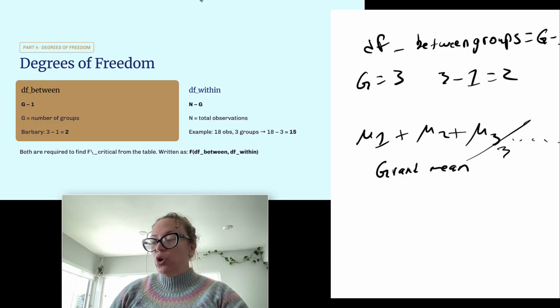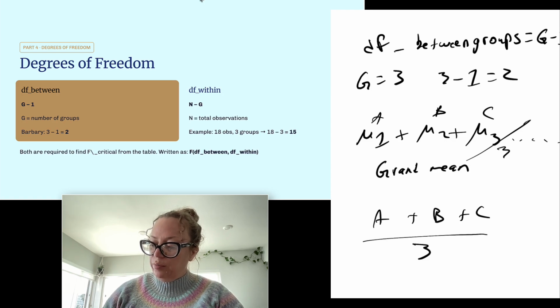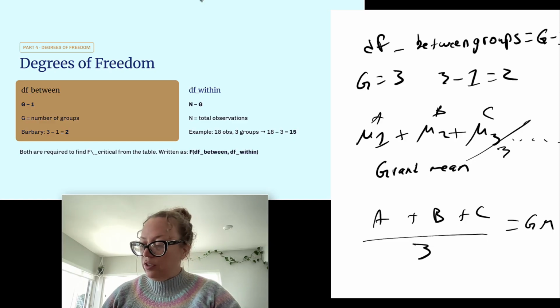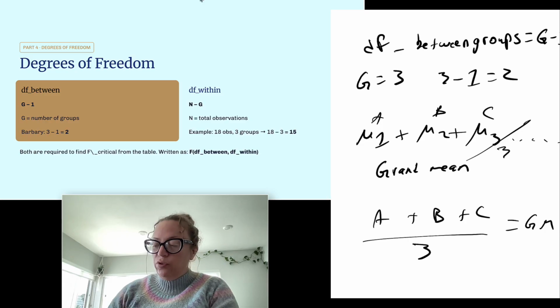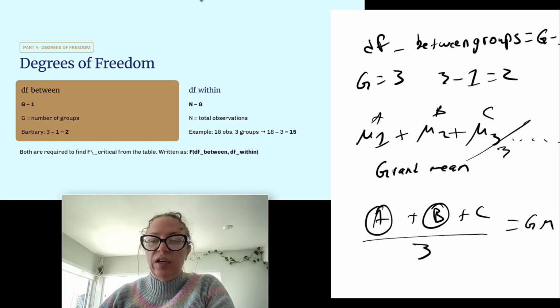If you know 2, so let's say this is A plus B plus C. So A plus B plus C divided by 3 total equals the grand mean. Okay, I'm just going to write it like that for now, the grand mean. So if you know what A is, and you know what B is, then C is automatic.